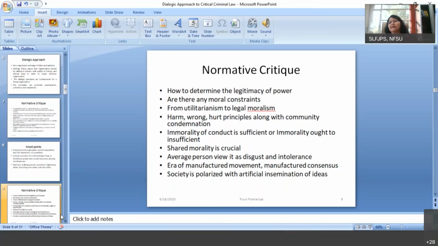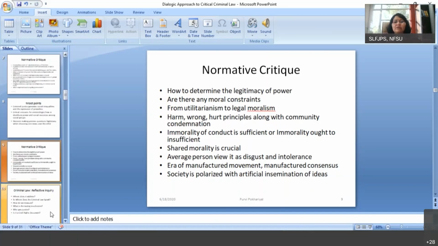All kinds of ideas are being artificially inseminated, and then people get carried away with different kinds of emotions, and a manufactured consensus is generated in the society. And in that context, how do you define whether there should be a mob lynching law, or a law pertaining to inter-religion marriage, or all kinds of societal issues?